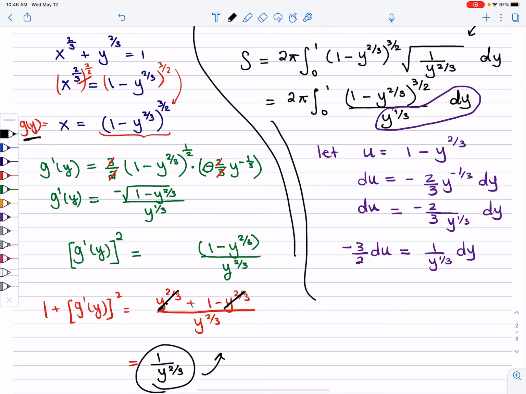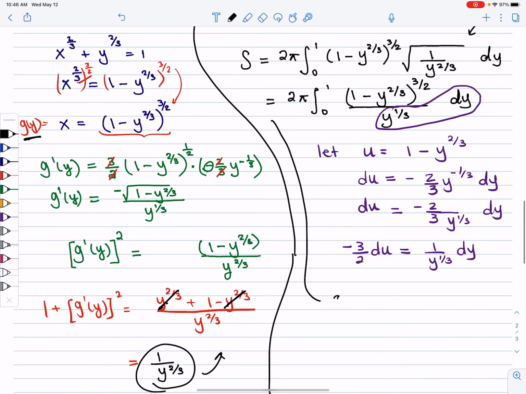All right, so let's see where this takes us. With this in mind, the surface area is equal to 2 pi, the integral from, now we made substitutions, right? So instead of going from 0 to 1, when you let y be equal to 0, u is equal to 1. And when you let y be equal to 1, u is going to be equal to 0.